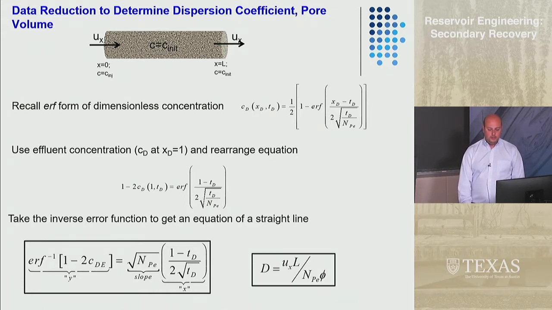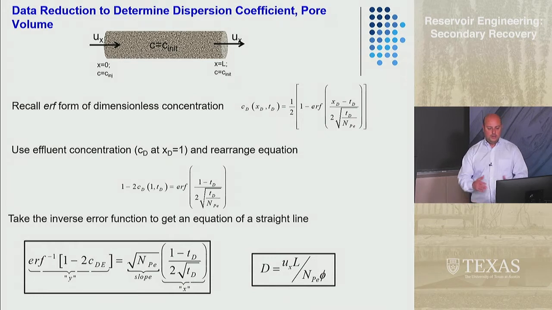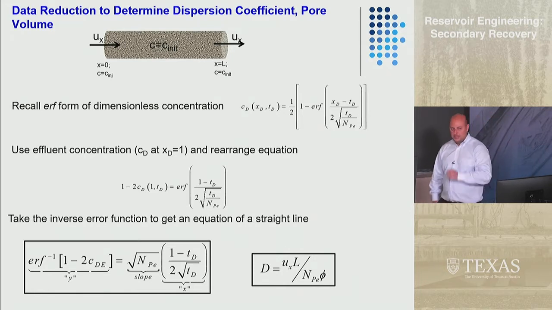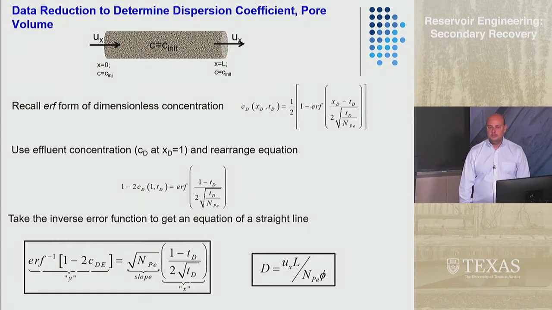And if you know the Peclet number, then you can calculate the dispersion coefficient. Because you know how fast you injected, you know u_x, you know the length of your core, and you just calculate the Peclet number. You do need the porosity as well. And you may have measured the porosity using techniques you learned in your petrophysics class. So there's a few different ways you can measure porosity.